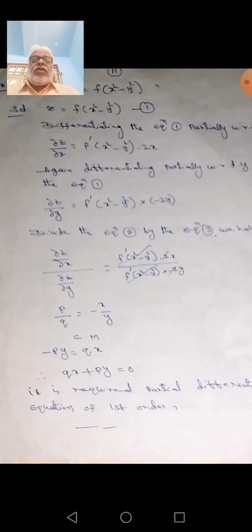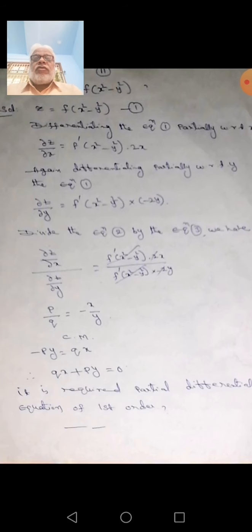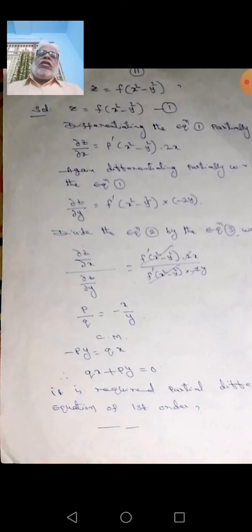Differentiating equation 1 partially with respect to x. What is the equation? That is f of (x square minus y square), because the term z is in xy terms. So what is the derivative of this? Dou z by dou x is f dash, because the function is f, and the derivative of f is f dash.